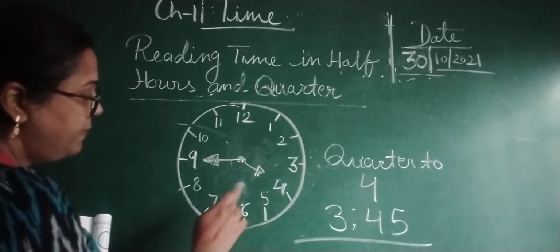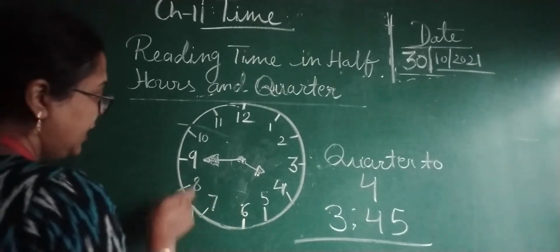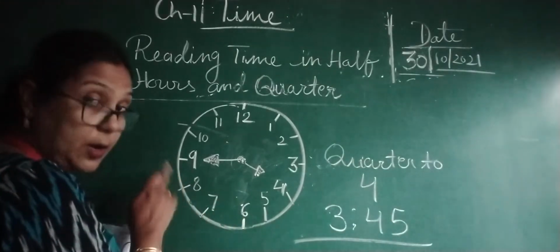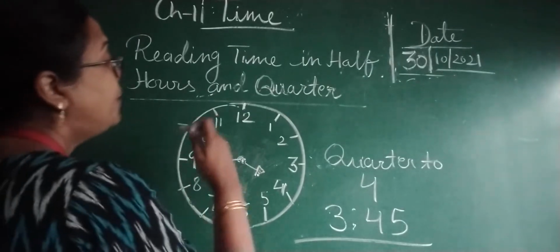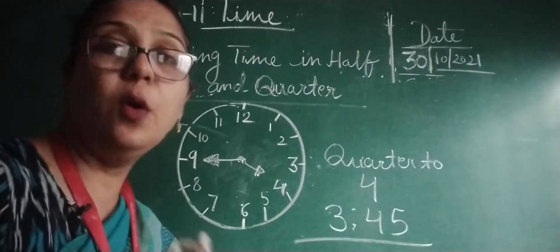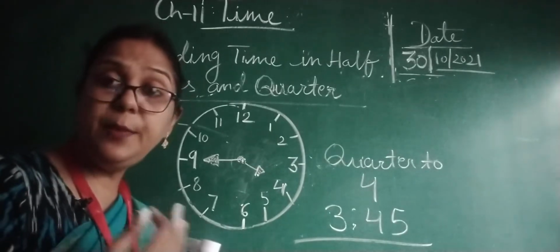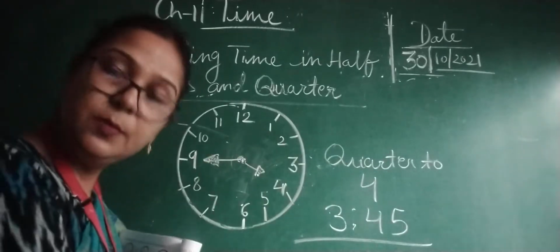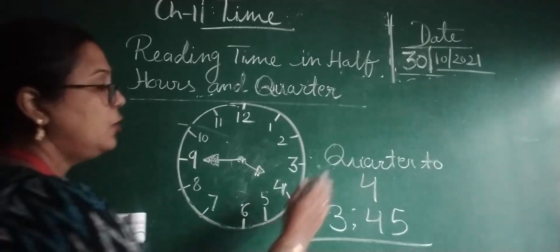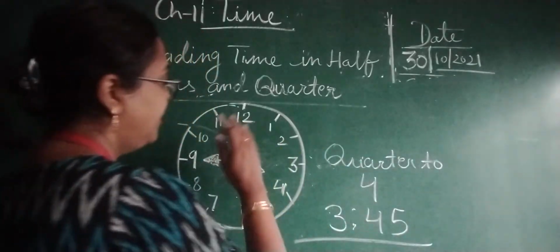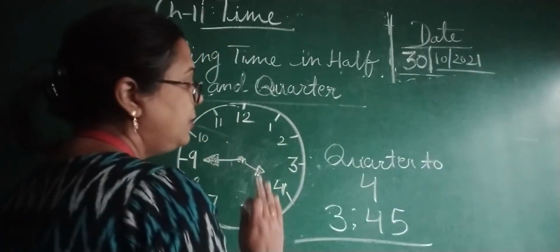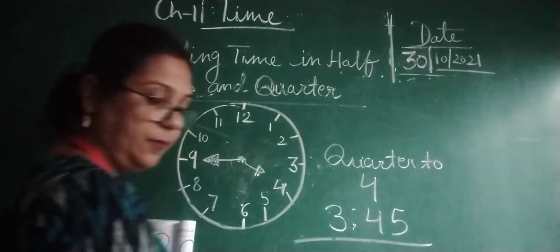Now after half past, 35, 40 and 45. This is quarter to. Okay, हिंदी में बोलते हैं 4:45. It means quarter to 4. ठीक है, quarter to 4 यानी 4 बजने में अभी 15 मिनट बाकी है. 15 minutes are left. This is 3:45.